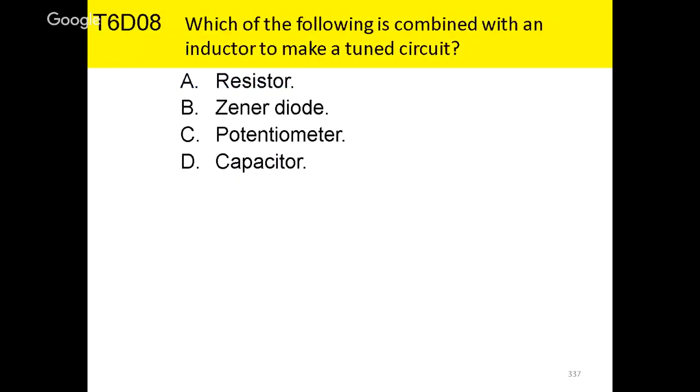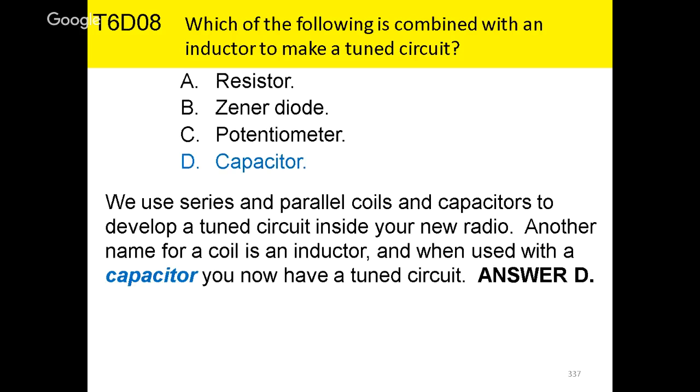Okay. Which of the following is combined with an inductor to make a tuned circuit? I just alluded to this a little bit ago and pretty much gave you the answer as being a capacitor. A capacitor and an inductor create the tuned circuit. So we use various combinations of series and parallel coils and capacitors to develop the tuned circuit inside the radio, as well as some things that are done externally.